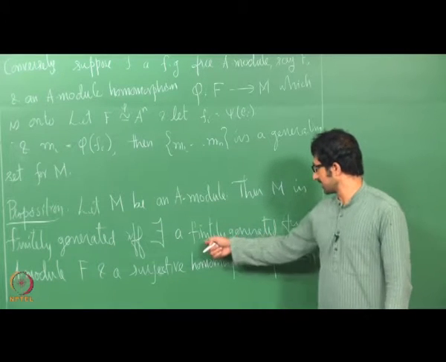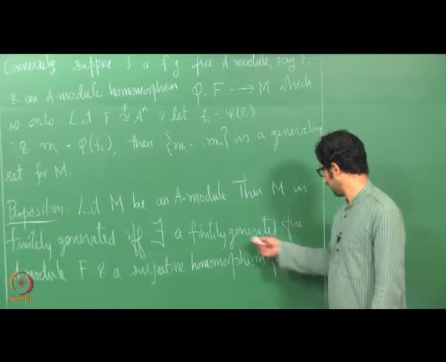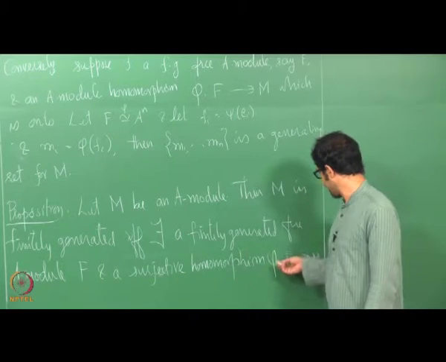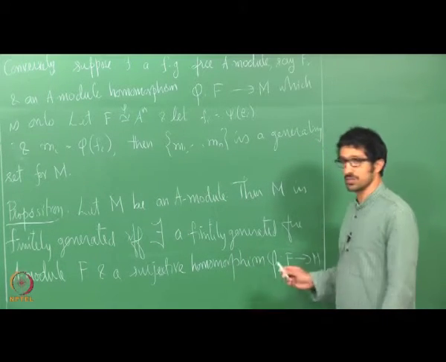If I have a finitely generated module F and a surjective homomorphism onto M, then M is also finitely generated.